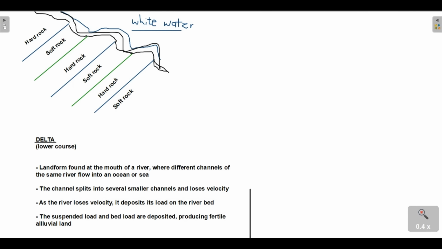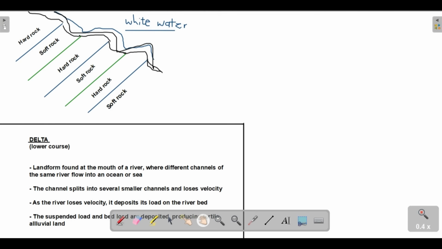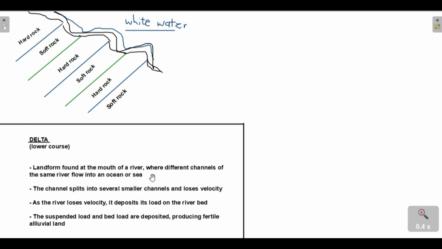Now we have the last one. So this is the last landform. This we call a delta. Okay, so a delta is a landform that is going to be formed or found at the mouth of a river. So it's actually at the intersection of a river and the sea. It is found at the mouth of a river where different channels of the same river flow into an ocean.